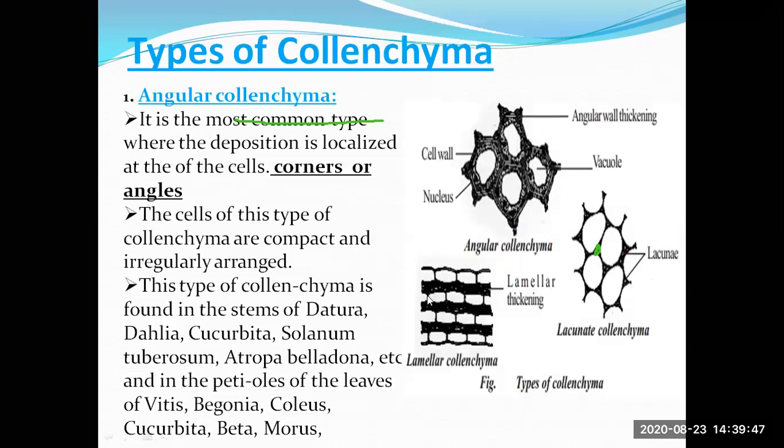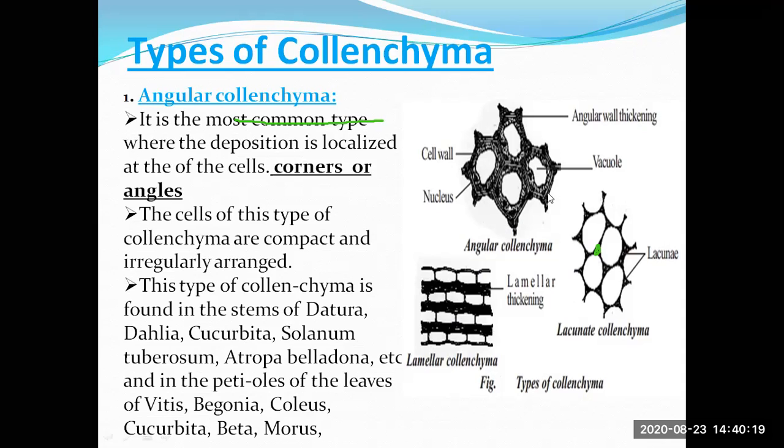There is no intracellular space. This is the first row, this is the second row, this is the third row. There is no gap. The second character is that thickenings occur chiefly on the tangential walls, or sometimes less in the radial walls also.